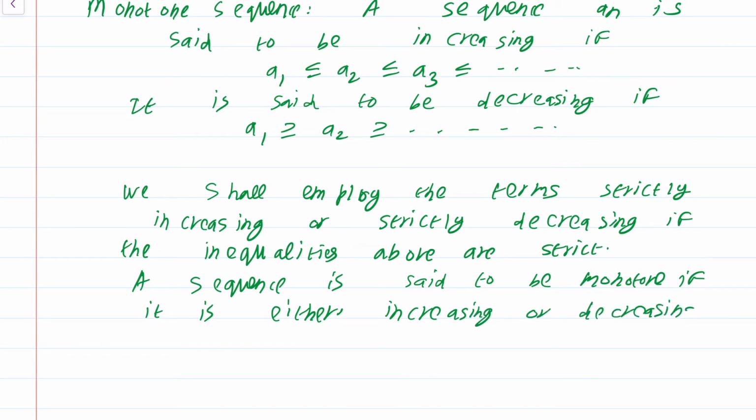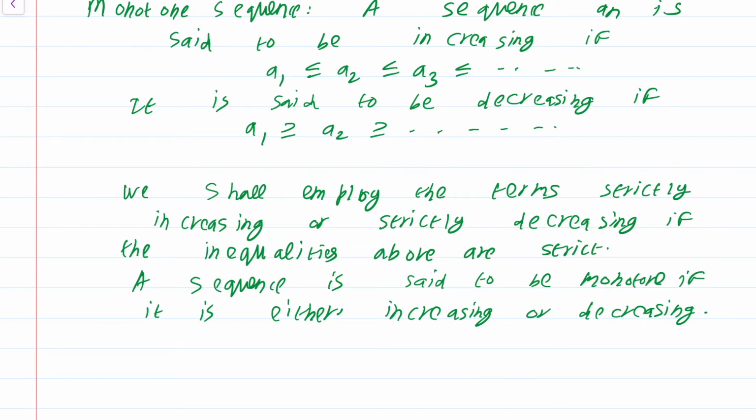Of course, we shall also sometimes employ the term strictly monotone to suggest that the terms in the sequence are strictly increasing or decreasing. I mean, a1 is strictly less than a2, strictly less than a3, and so on.